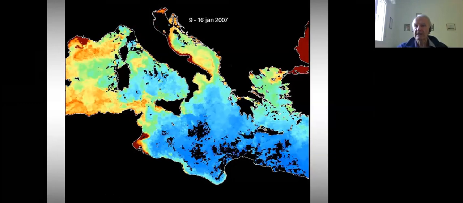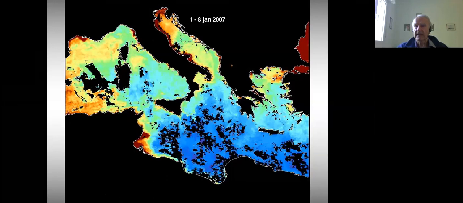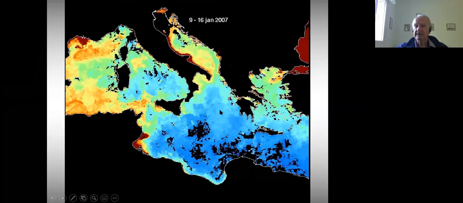From 9 to 16 January, you can see that the situation changes, but essentially the overall structure or pattern remains as it is, where the open ocean is poor in chlorophyll, and the north, the Western Mediterranean, is much richer in chlorophyll than the Eastern Mediterranean.